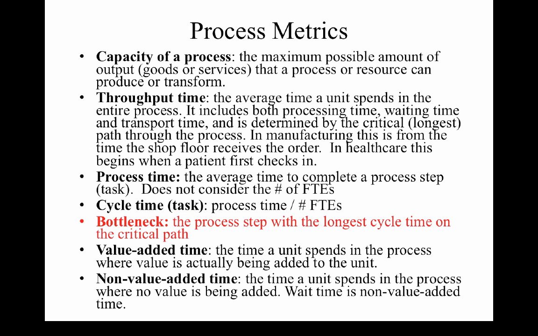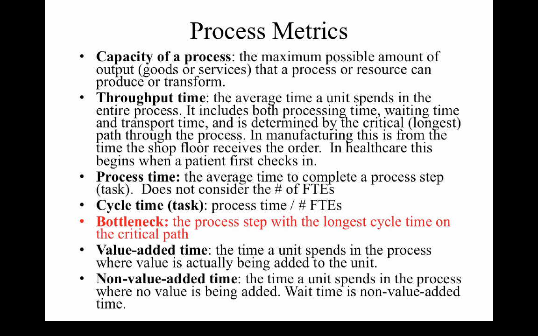So I mentioned the bottleneck. The bottleneck is critical to the process. It really dictates how many units you can get through, and it's the process with the longest cycle time on the critical path. So the critical path is your longest path in a process.